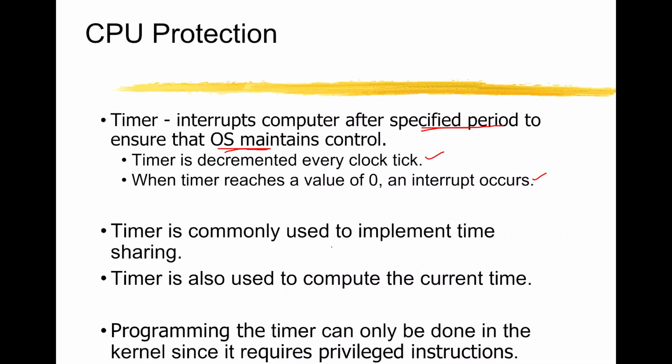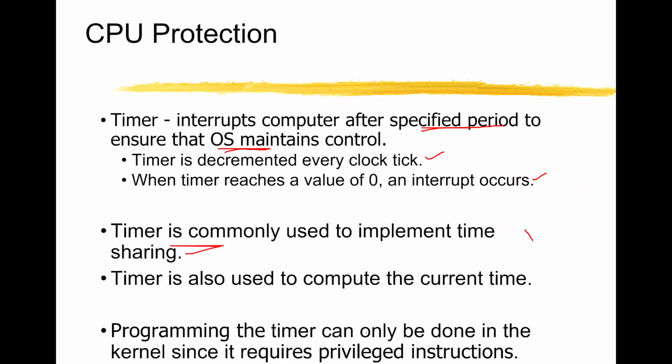The timer is commonly used to implement time sharing. For example, we have operating systems that have only one CPU, and when they have only one CPU, they have to share it. The timer is also used to compute the current time.